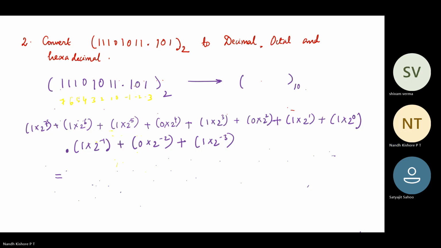How much are we getting? So we have 2 power 7 plus 2 power 6 plus 2 power 5 plus 2 power 3 plus 2 plus 1.